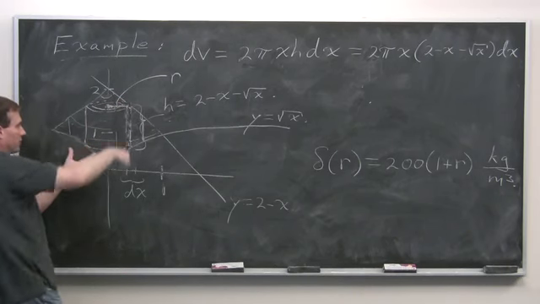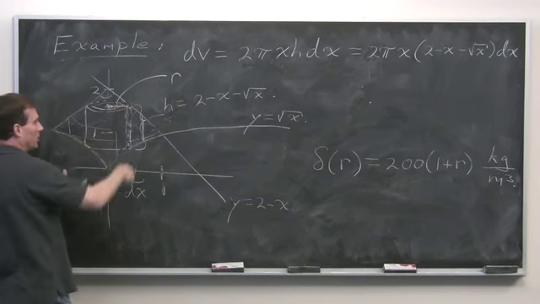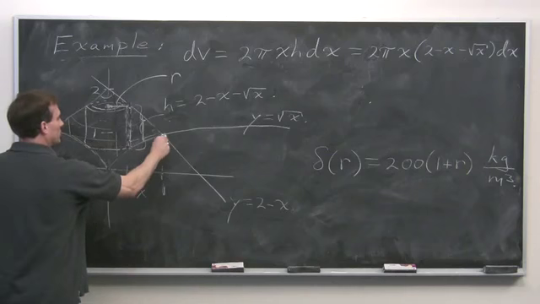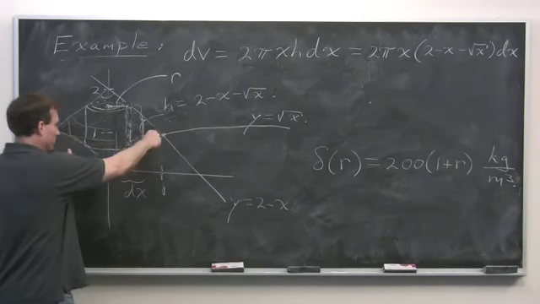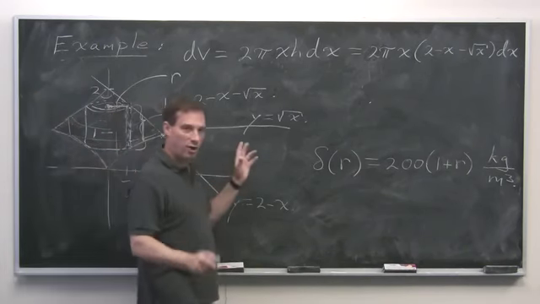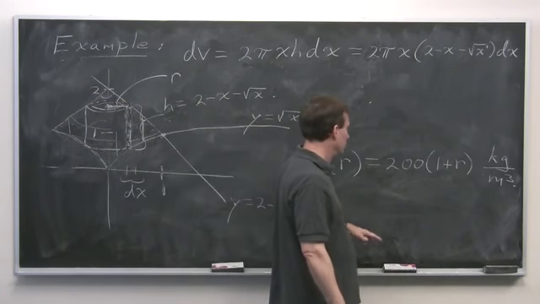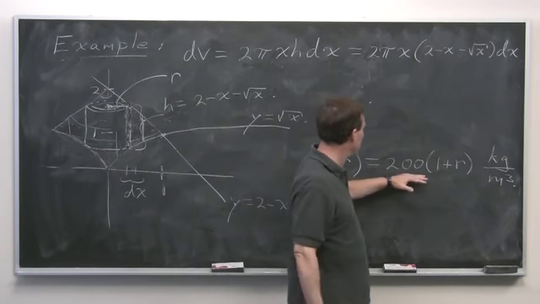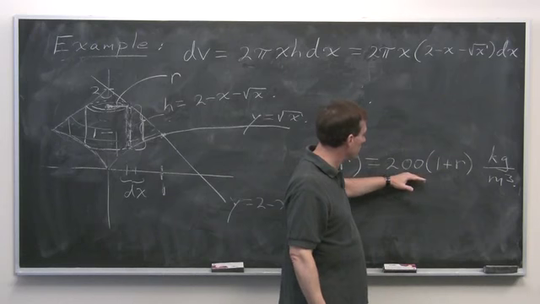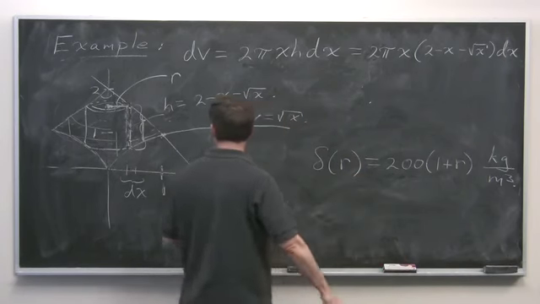This is revolved around, so there's this whole circle of points that you get when you swing this around. So on that outer circle edge, that would be where r is 1, and the density out there we're assuming is 200 kilograms per cubic meter.